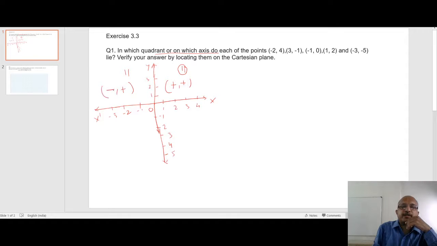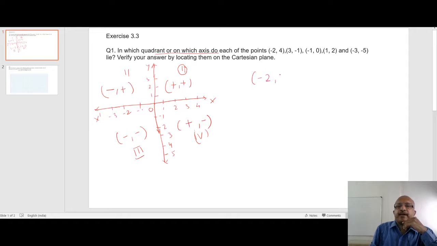So here negative and positive. Here both are negative, right, in the third quadrant. And in the fourth quadrant, on X we have positive and on Y we have negative, right children? So based on this we can give the answer.